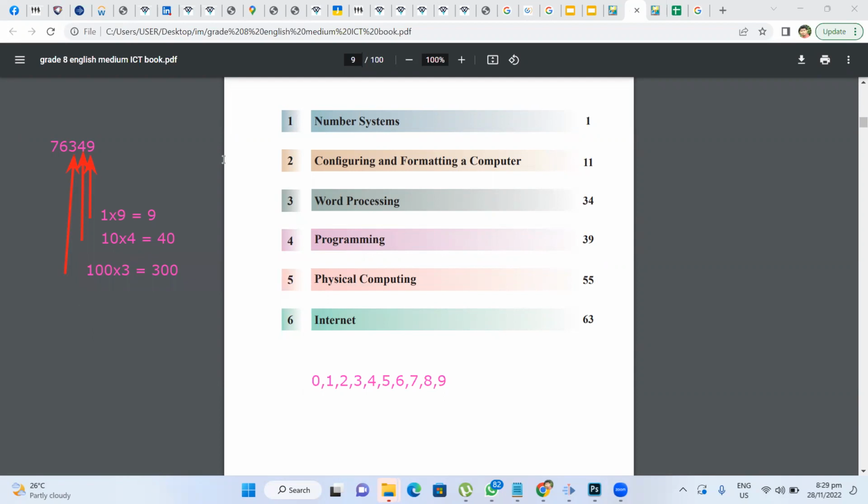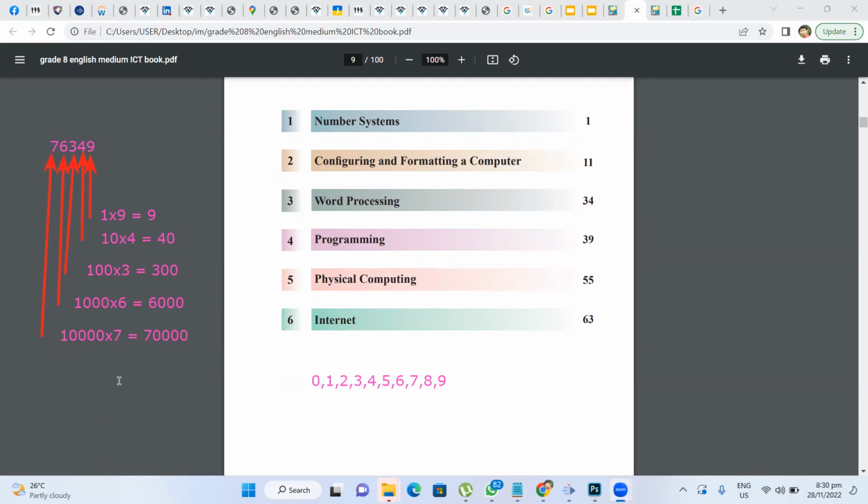Thousands? 6. 1,000 into 6 is equal to 6,000. 10,000? 7. 10,000 into 7 is 70,000.